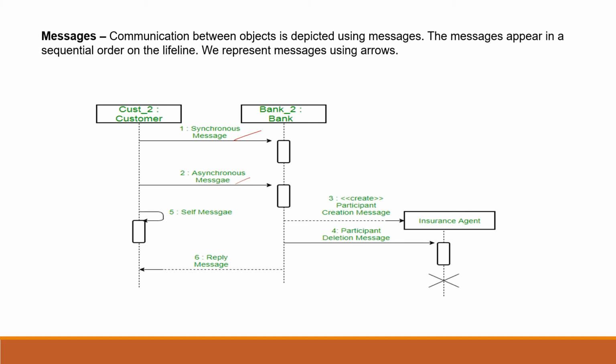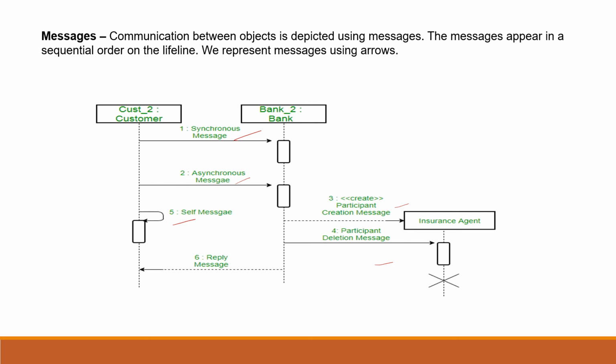The create message is used to initiate a new object in a diagram, and a delete message is used to delete a particular instance, or an object. There are certain scenarios where objects need to send a message to themselves, and such messages are known as self messages.